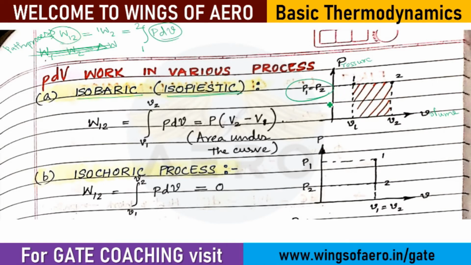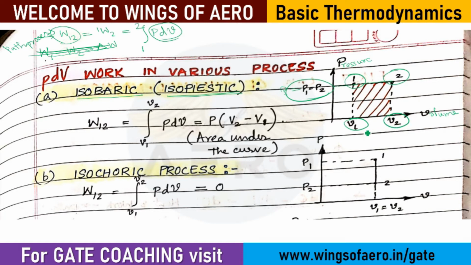If we want to move from state 1 to 2, that means pressure at point 1 is the same as pressure at point 2. So obviously it has to be a straight line, right? Because at the same point, which is equal to P, the corresponding volume for state 1 will be V1, and for state 2 the volume is going to be V2.